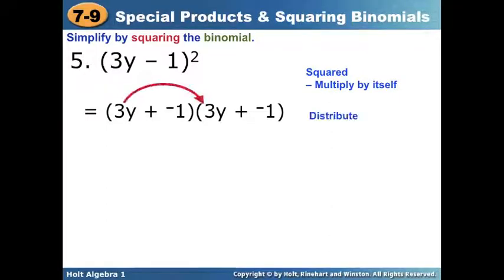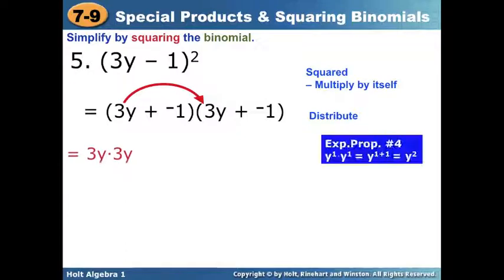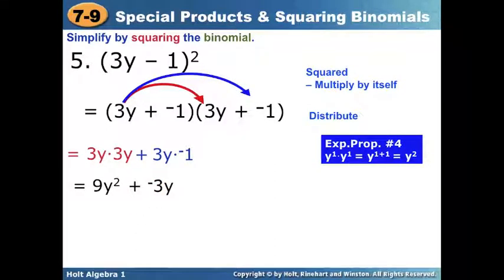Use the distributive property. 3y times 3y, 3 times 3 is 9, and y times y is y squared. 3y times negative 1 gives us negative 3y. Negative 1 times 3y is negative 3y.